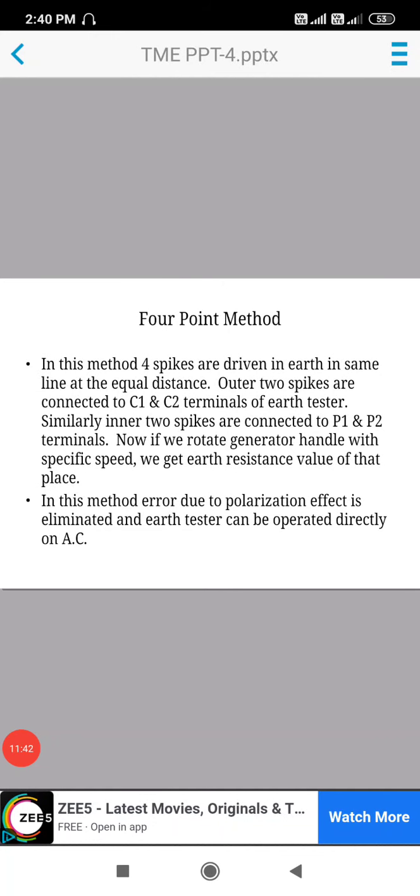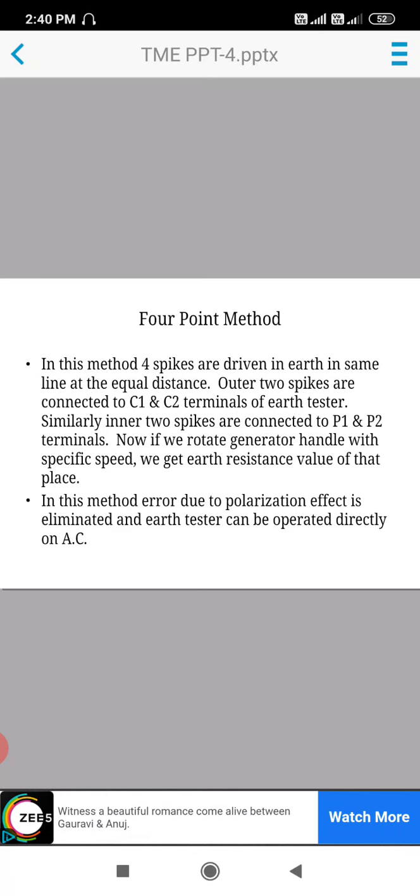The next one is the 4-point method. In this method, 4 spikes are driven into the earth in the same line at equal distances. The outer 2 spikes are connected to the C1 and C2 terminals of the earth tester, and similarly the inner 2 spikes are connected to the P1 and P2 terminals.